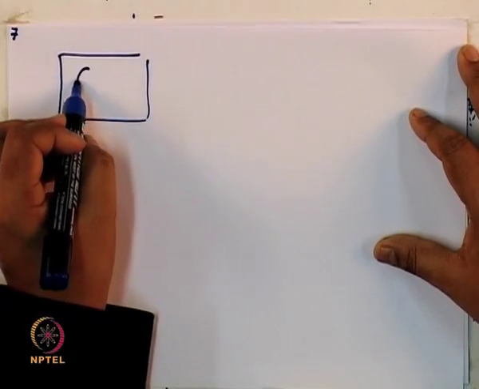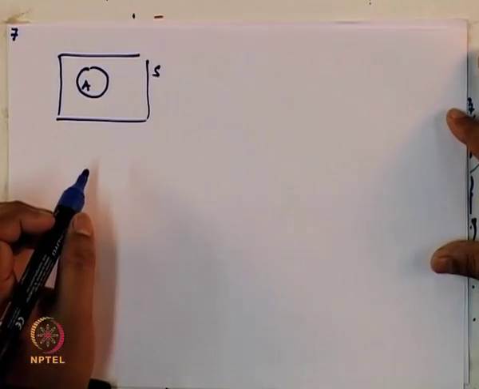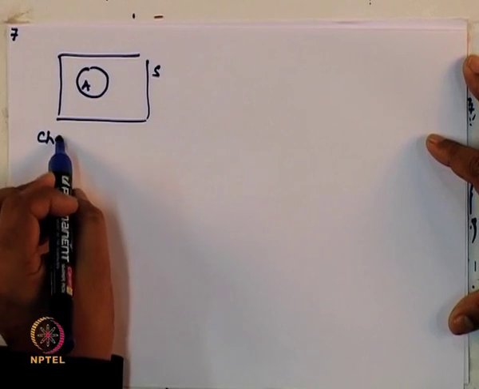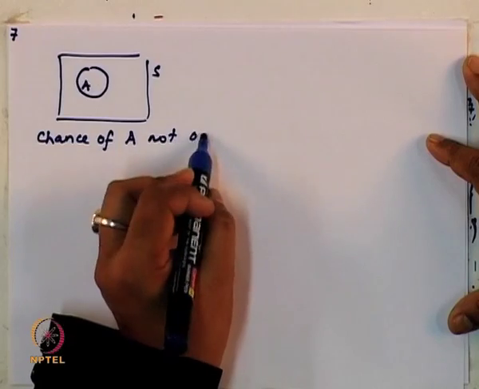Okay, this is slide 7. Now, if you have an event A, let us say, which is here, this is my sample space. What is the chance of A not occurring?